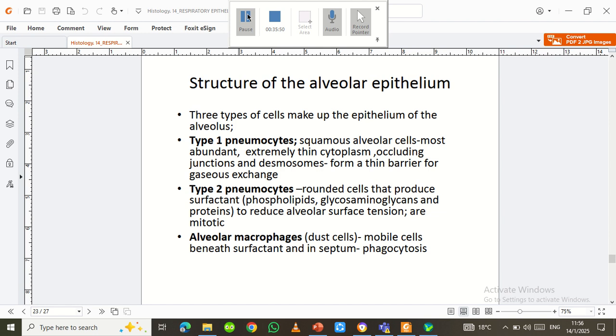So alveolar macrophages, they will be performing phagocytosis of worn out cells, dusty particles, as well as red blood cells that would have escaped the blood-air barrier, right?